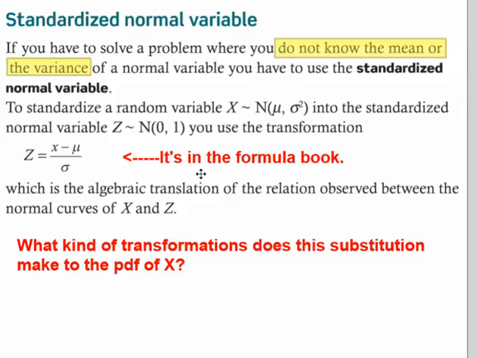The basic idea is truths and probabilities in this distribution are directly related to truths and probabilities in this distribution. And the beauty of it is, if we don't know mu and sigma squared, we can still find things out by translating over into this distribution.